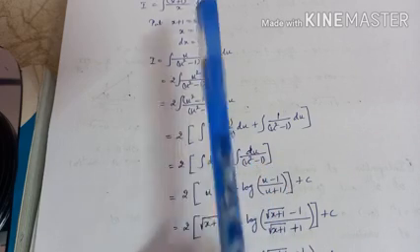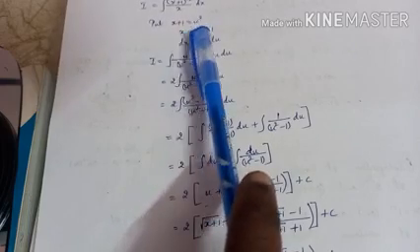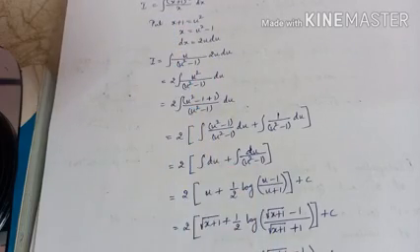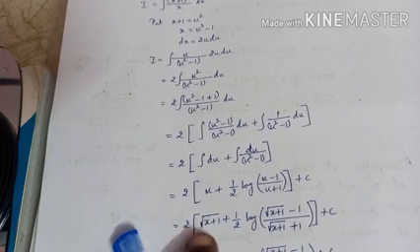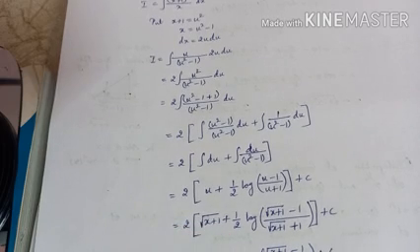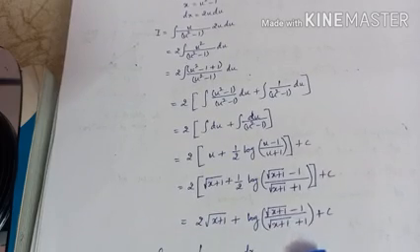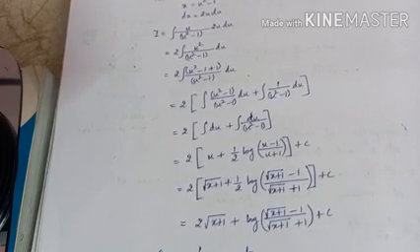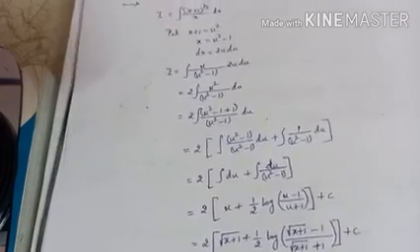Finally replace: x plus 1 is u square, hence u is root of x plus 1. Hence you do that, which completes this problem. So you can do similar such problems. Okay, you try.